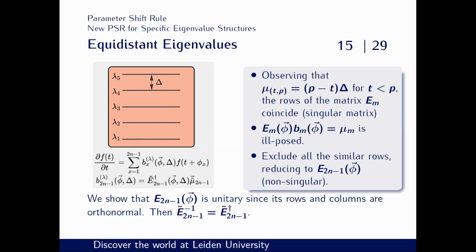And this is a problem, because then your matrix is becoming singular, and this is a classical example of an ill-posed problem. So what can you do with it? How did we come to this case?